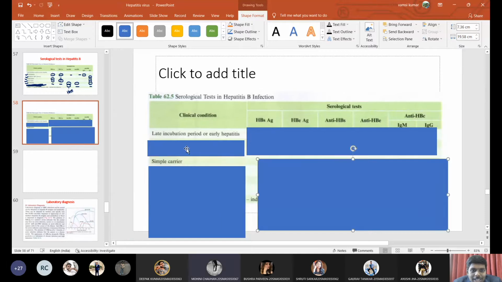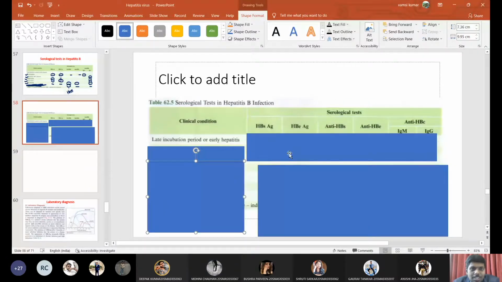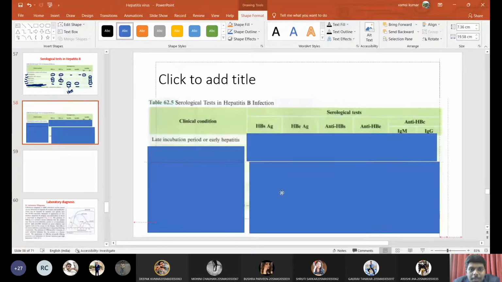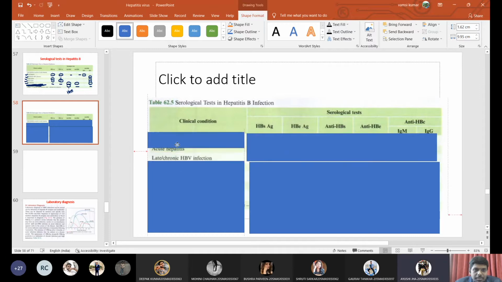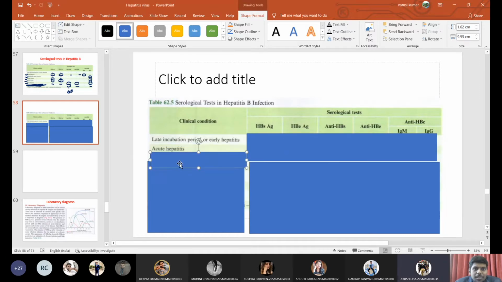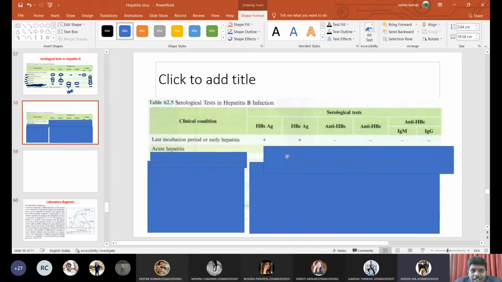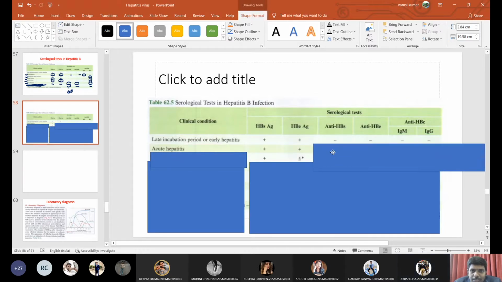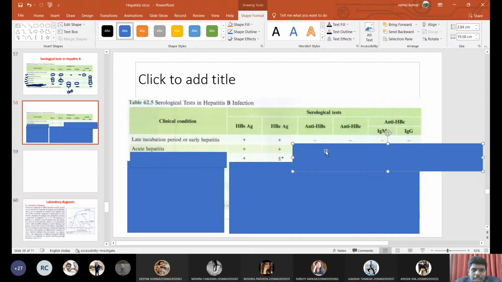Let us try with the other one. Tell me about early infection, students. In acute infection, what will be the pattern? Surface antigen and envelope antigen are present. What about surface antibody and envelope antibody?